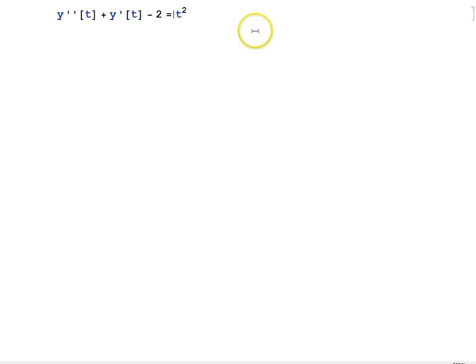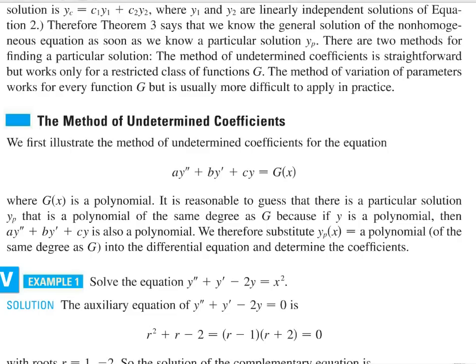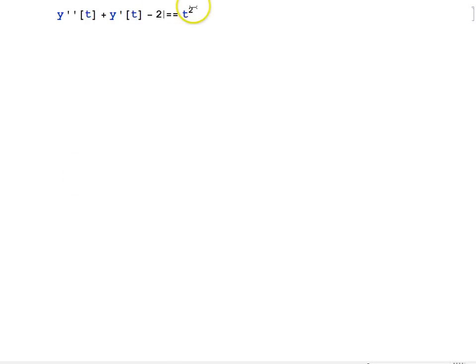Minus 2y, of course, otherwise it wouldn't be a linear operator now, would it? There we go. So the first thing we do is solve the complementary.